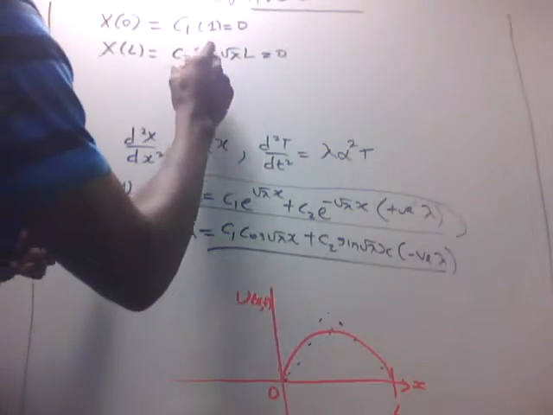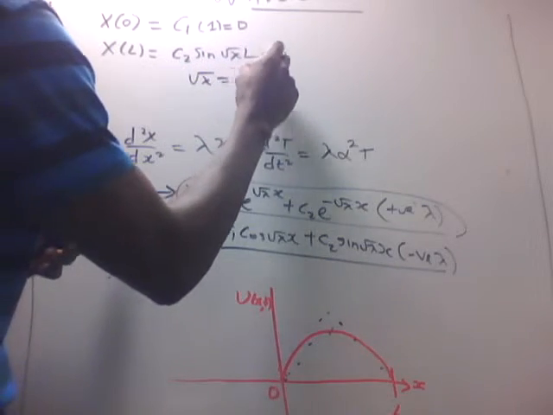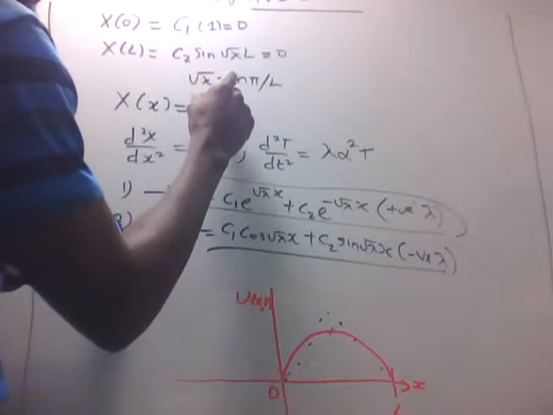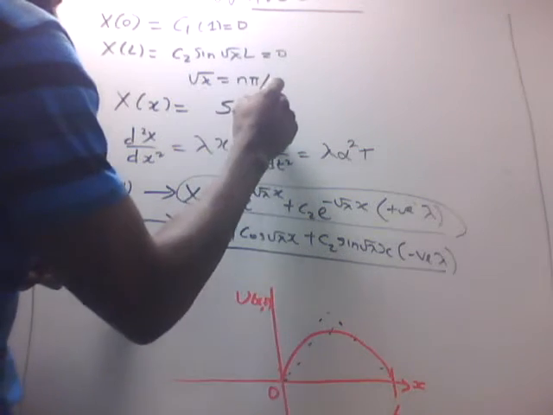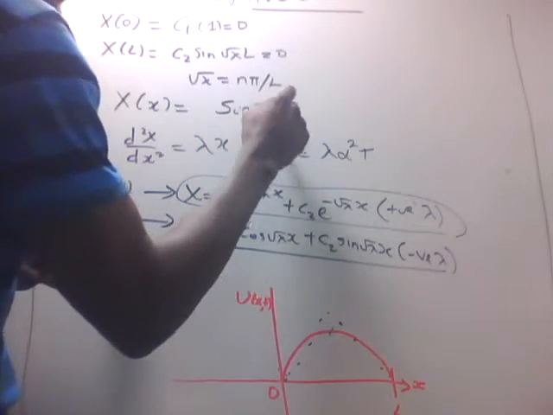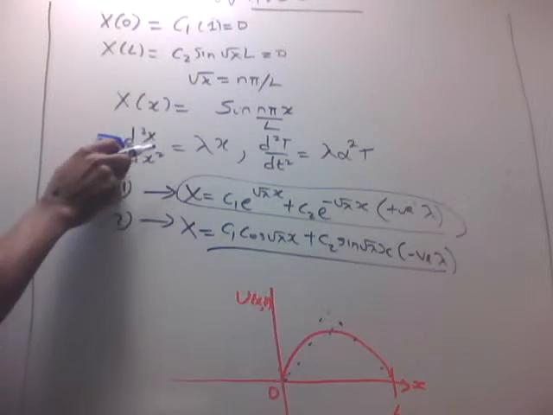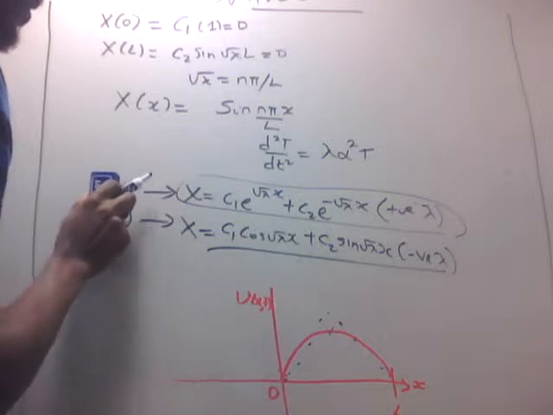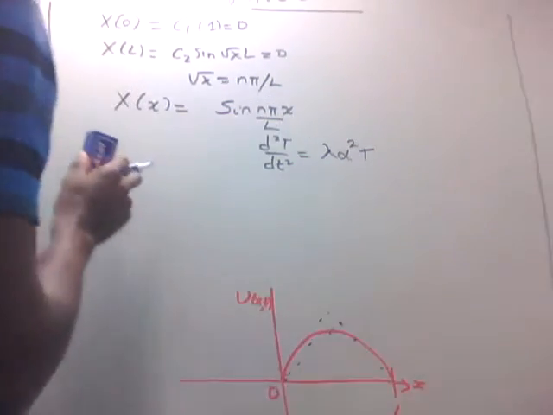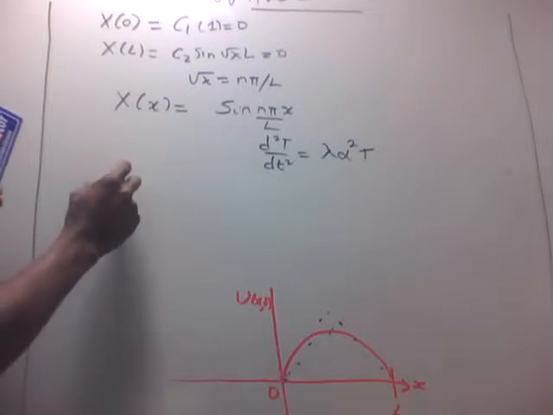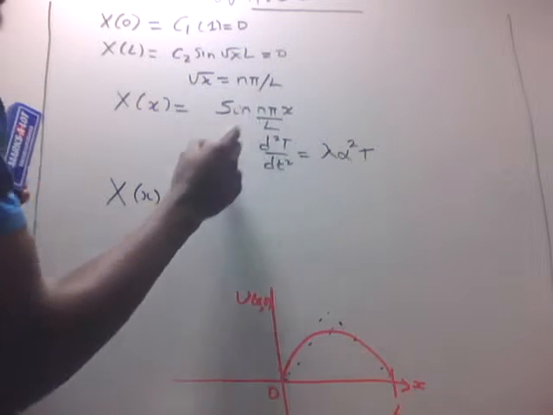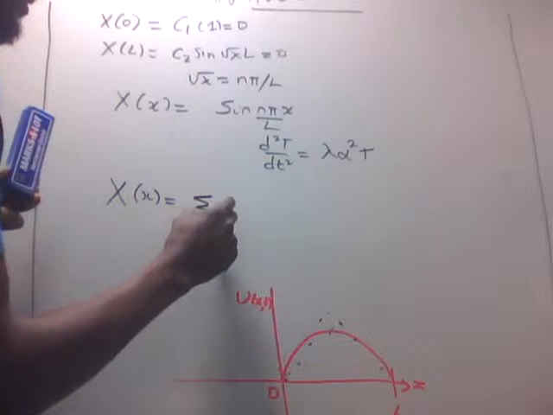And that is only possible if root lambda equals n pi over L. And we ended up saying that X(x) of this form is a solution to the first ODE that I just wiped off. And because it's a solution, a linear combination of all the different n's is also a solution.